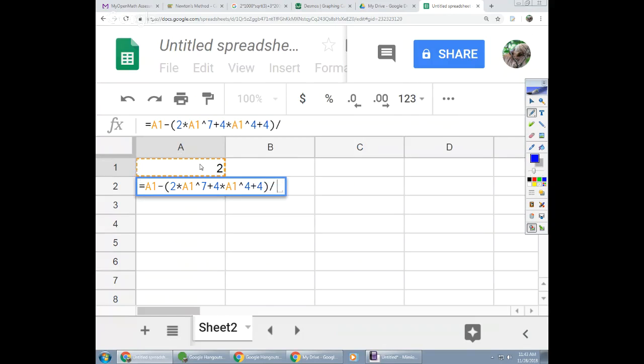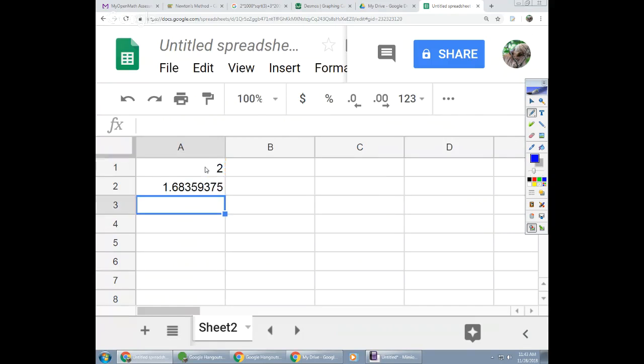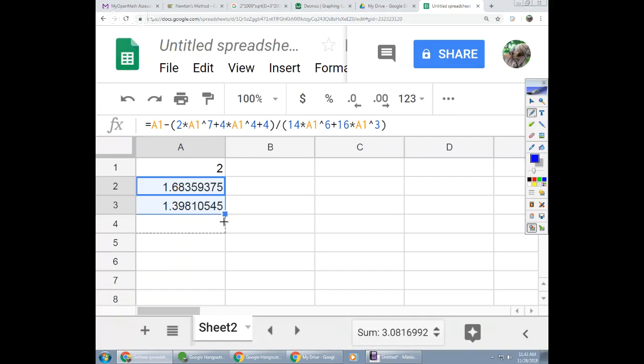Close your numerator, divide, denominator is then 14 times x, and don't forget your times, to the 6th, plus 16 times x raised to the 3rd. Close parentheses, hit enter. There's my next answer. There's the one after that. There's the one after that.